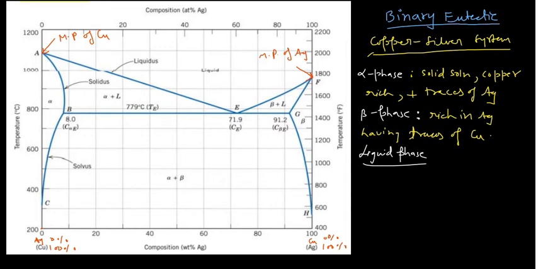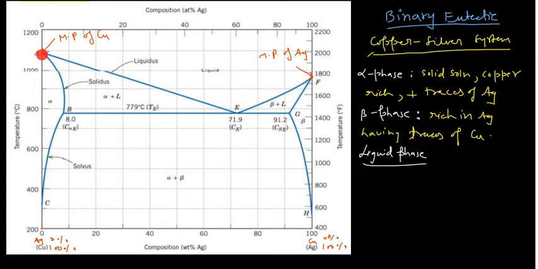Now you see here, if you start at this point A and gradually decrease the temperature of the system, what will happen? This copper, which is here, is 100%, because on this axis I have written copper is 100%. That means copper is in the highest percentage here.